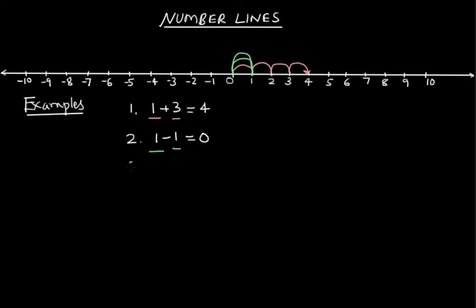Let's look at another example. Third example: 2 minus 3. What is going to be 2 minus 3? Let's take another pencil, yellow. 2 is a positive number here, so we start again from 0 and move 2 positions to the right: 1 and 2. We stop here.